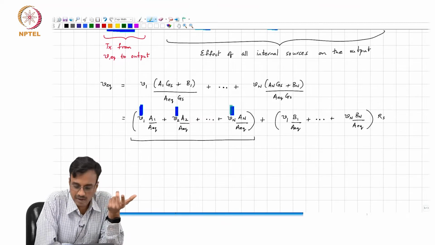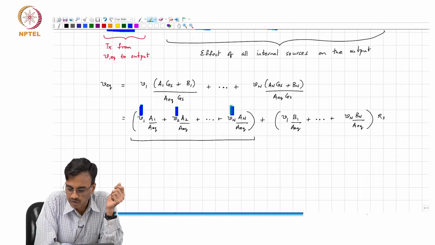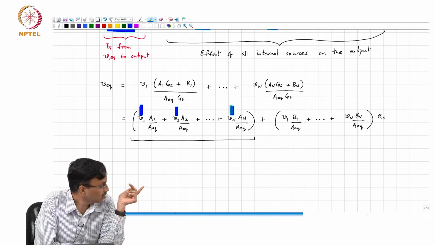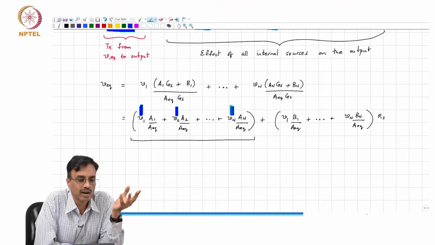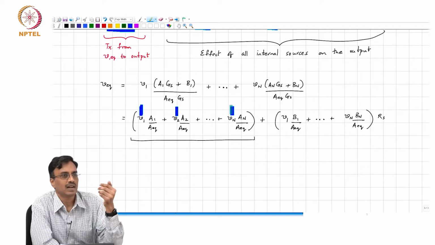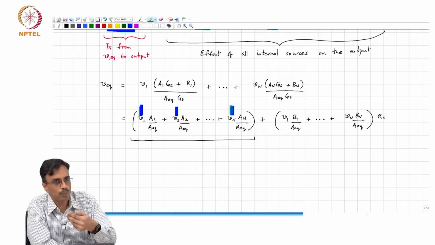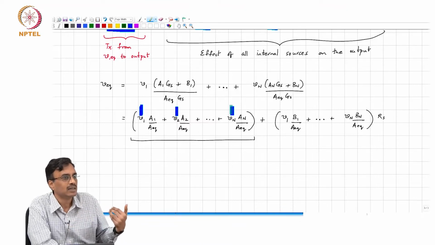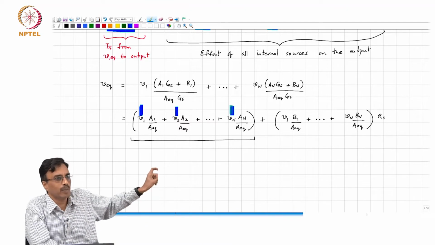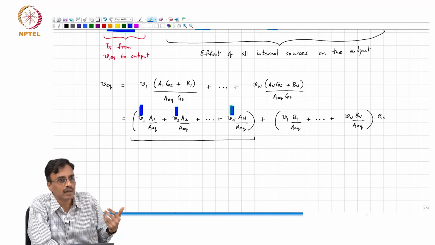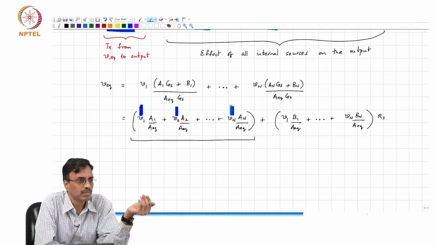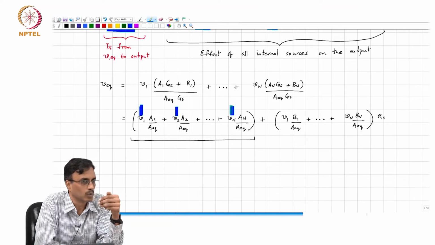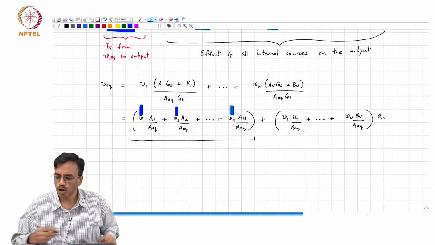So clearly it makes sense that the voltage source depends on the internal noise sources, and A1 by A equivalent, A2 by A equivalent, etc. depend on the transfer functions from the internal sources to the output. Those ratios basically quantify the relative strengths of the transfer functions from the internal sources to the output.